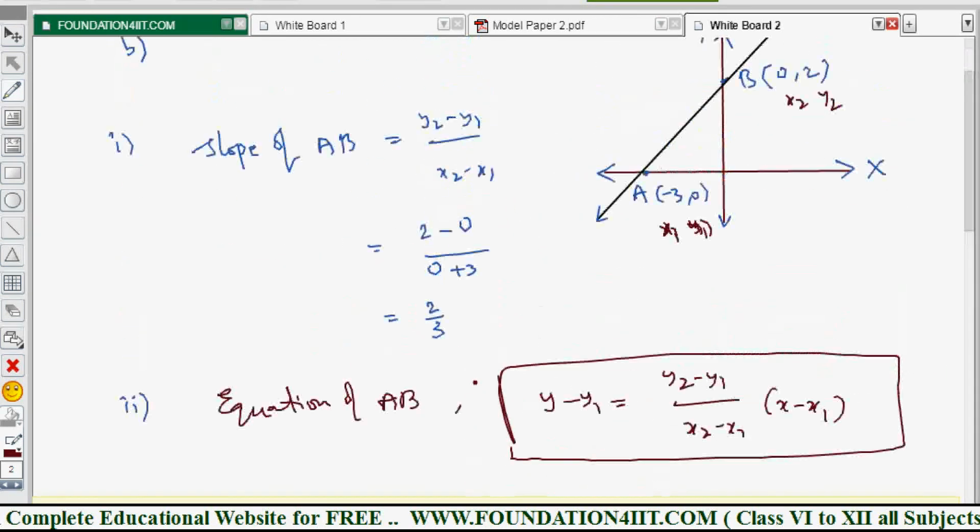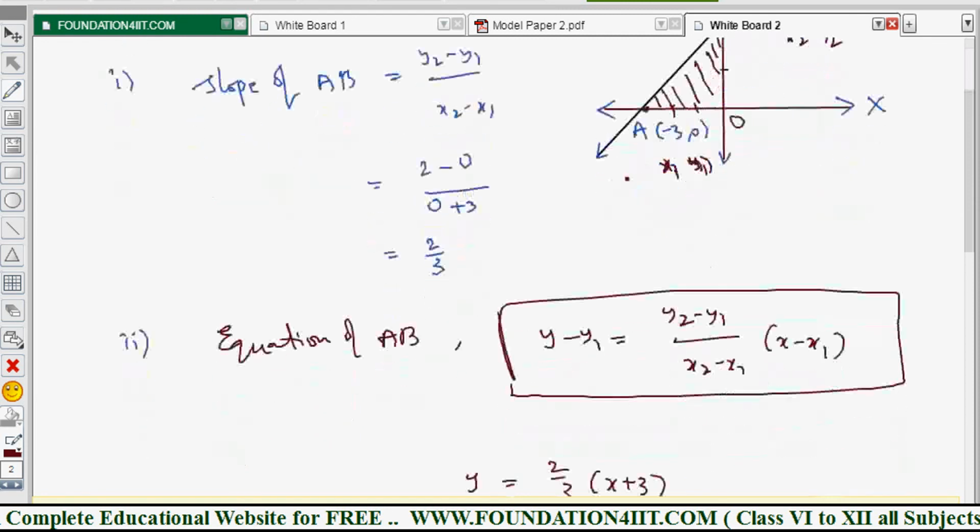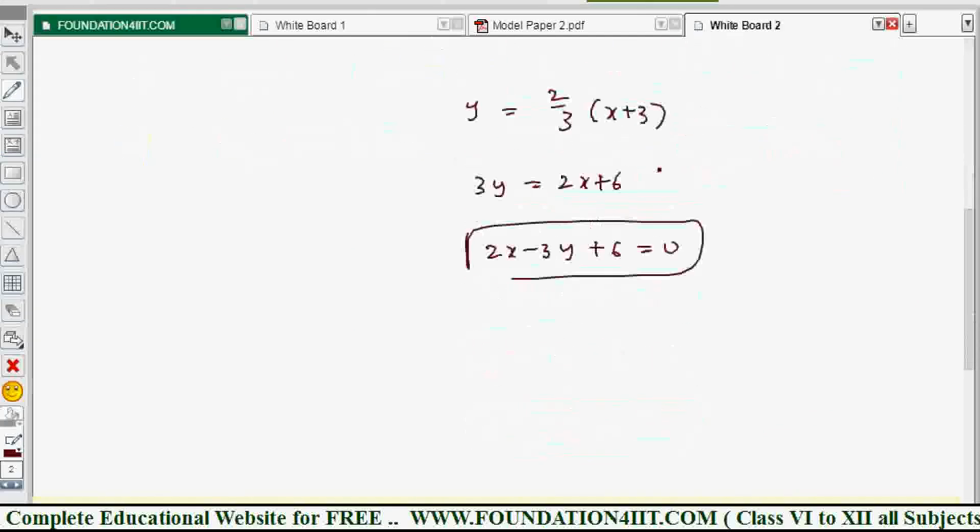Then if you want the area of the triangle enclosed with the axes, the height is 2 units and your base is 1, 2, 3 units because it touches minus 3. Height is 2, base is 3. Then we apply the area of triangle formula, half into base into height.